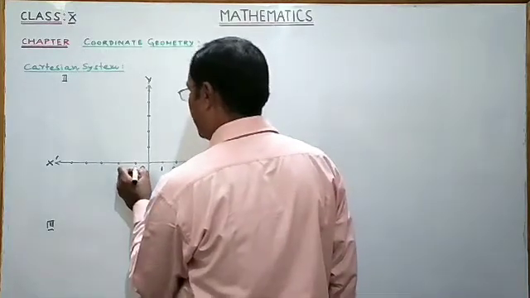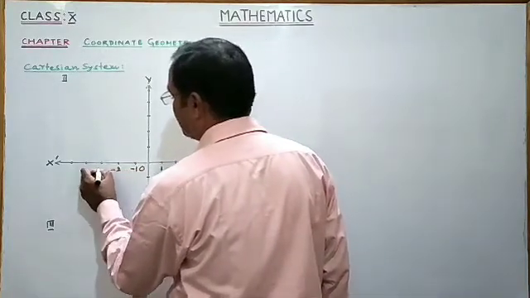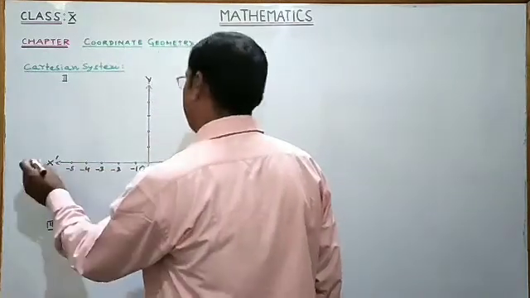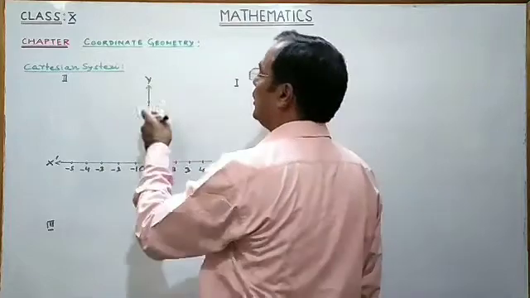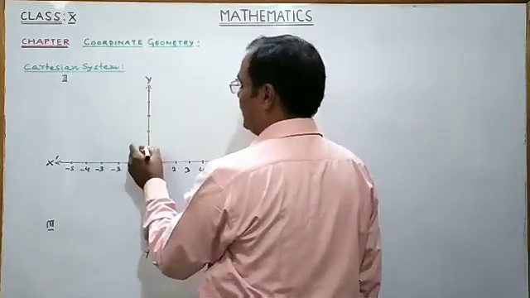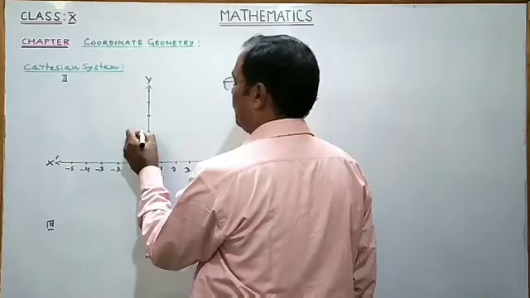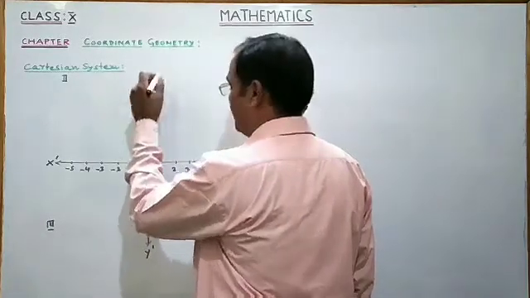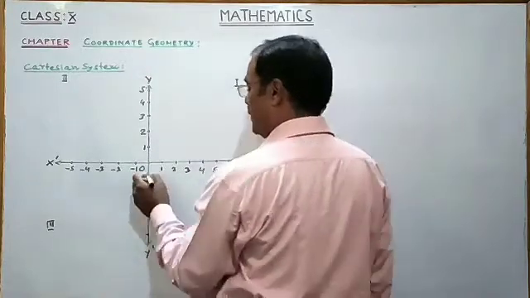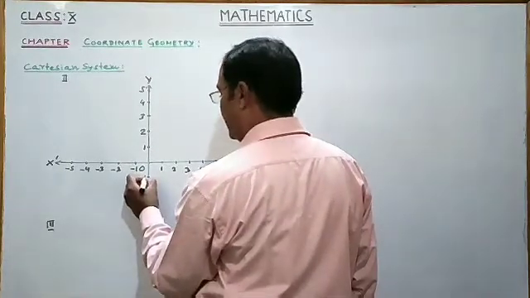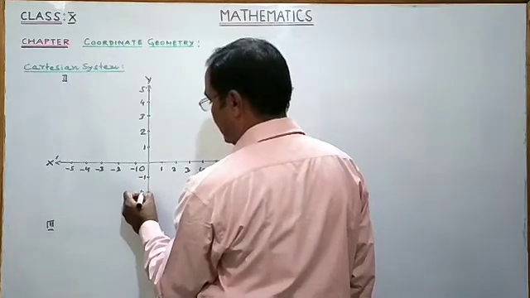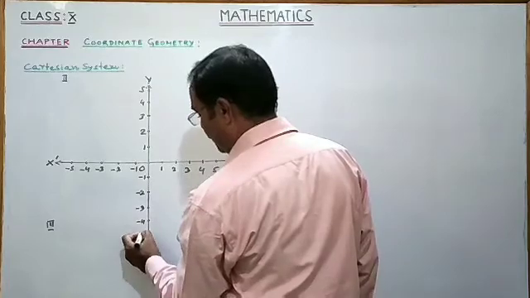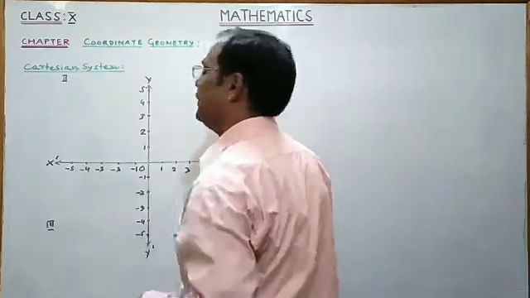On the left side we write -1, -2, -3, -4, -5 and so on. Similarly, on the y-axis above the origin we write positive numbers 1, 2, 3, 4, 5 and so on. Below the origin on the y-axis we write negative numbers -1, -2, -3, -4, -5 and so on.